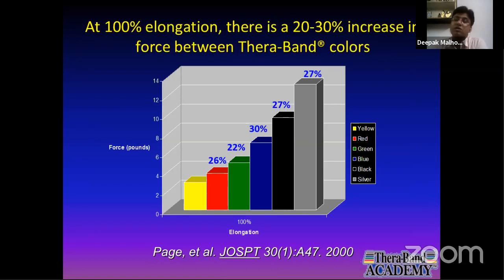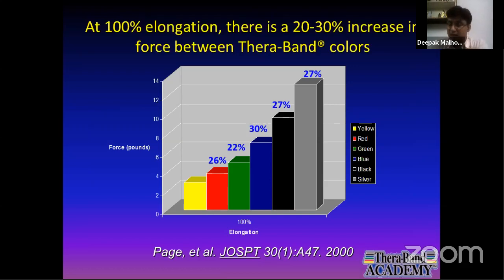If you are using say X force today and tomorrow you're using 2X, because you don't know how much force your band is producing, then perhaps you may do that. There is no color coding. Some of the other brands may claim that they have color codes, but the actual color code is there in Thera-Band bands only.